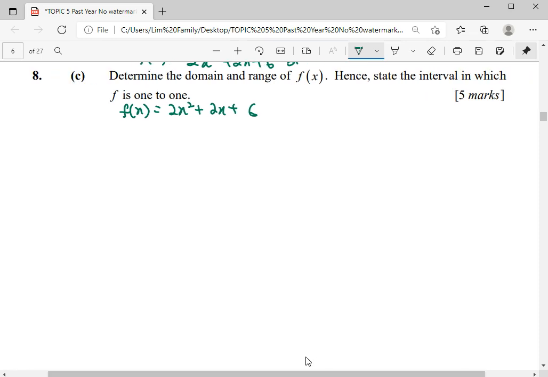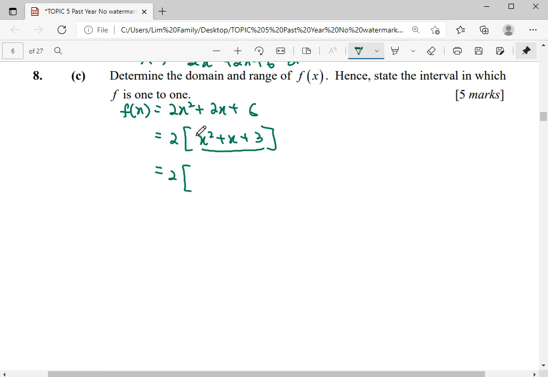Okay, before we do the domain and range, we complete the square. Make sure we take out the 2, so that the x squared coefficient is 1. Then only can we complete the square for this quadratic where the coefficient is 1.